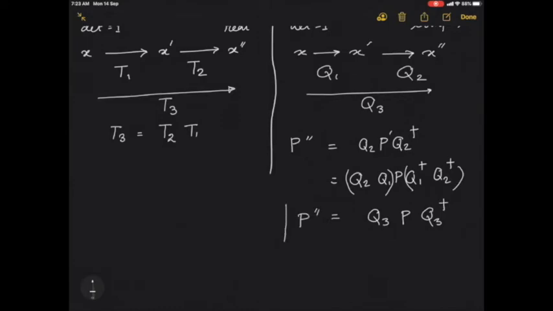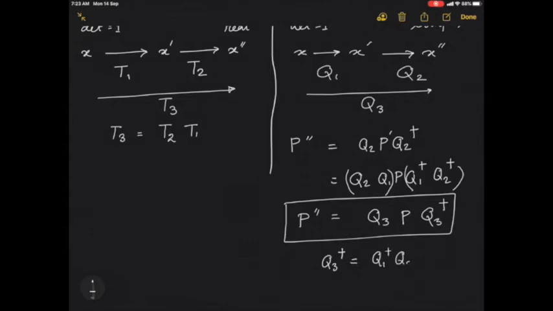Then only this relation will look like a transformation from P to P double prime or X to X double prime. Which essentially means that Q3 dagger is nothing but Q1 dagger Q2 dagger, which we know is the same as Q2 Q1 whole dagger. So the rules of matrix multiplication do work here.